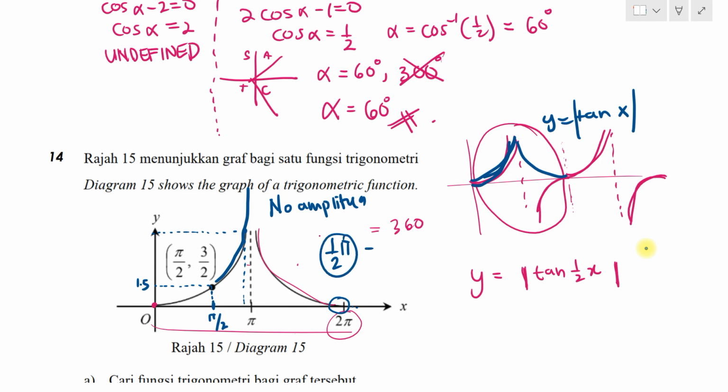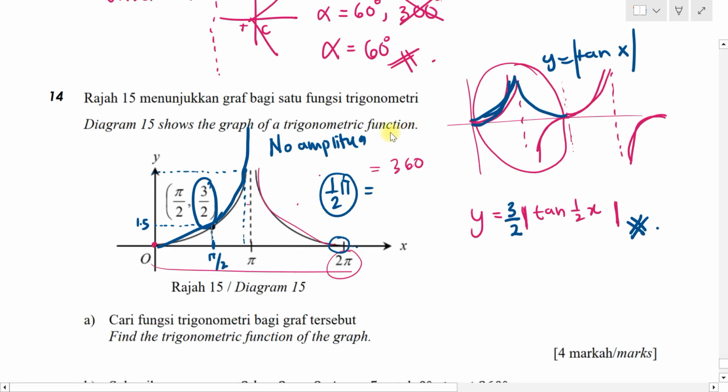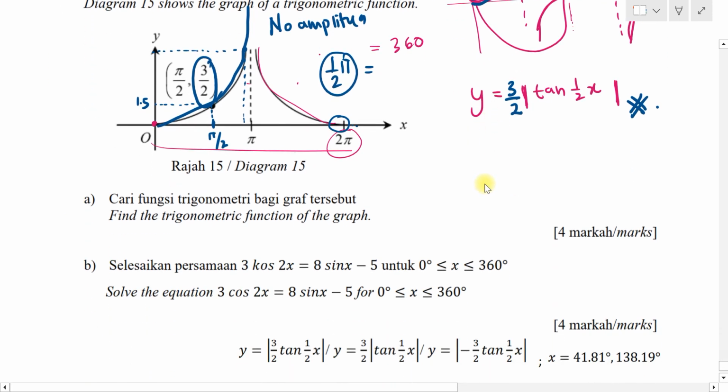Half pi is pi over 2, which is tangent 90. Tangent 90 is undefined when you press it in your calculator. So we will just simply take the gradient value, how steep the gradient is. So we just take the 3 over 2. And that's it, your equation of the graph is done. No amplitude actually for a tangent graph. You just simply need to draw.